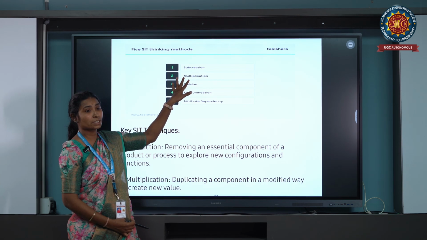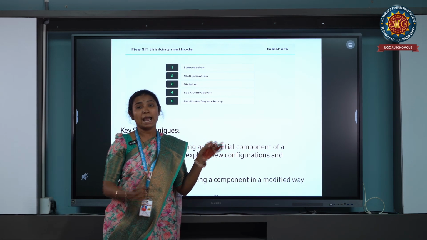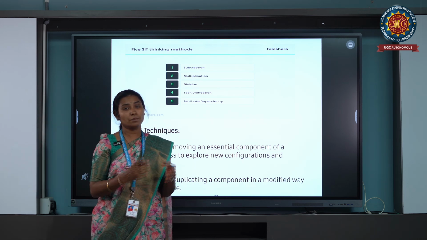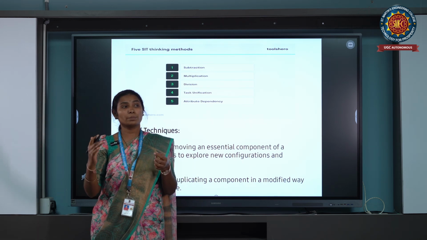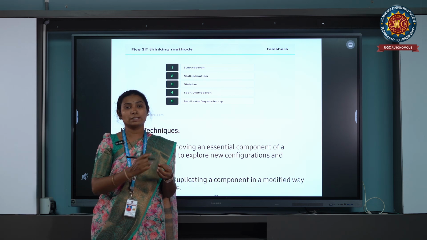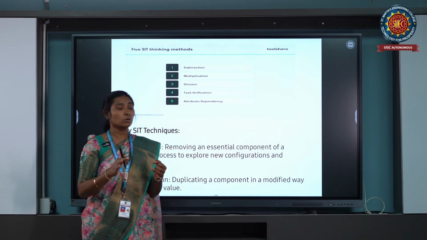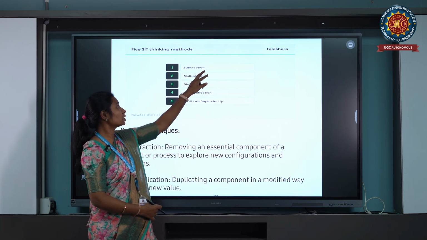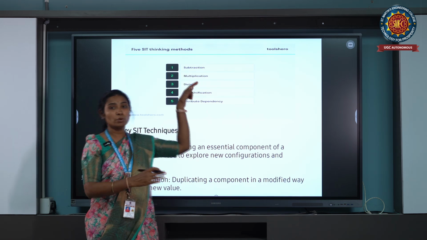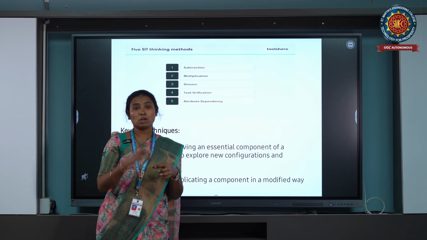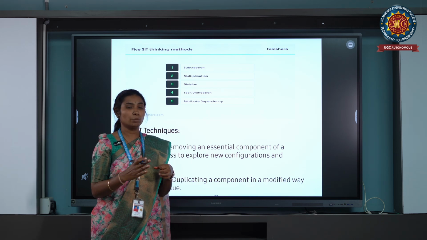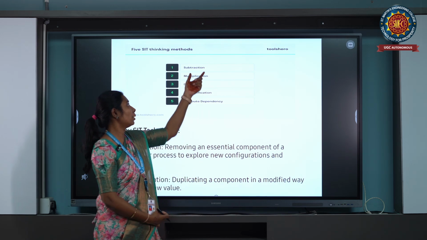In subtraction, if we want to add more features to coffee, for example in our coffee shop, if we want to add more coffees like ginger coffee and so on, we can add them. In the subtraction place, if we want to remove one coffee from our coffee shop, we can remove it and replace it with the help of subtraction.